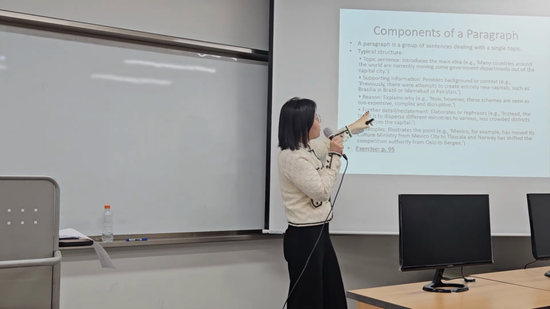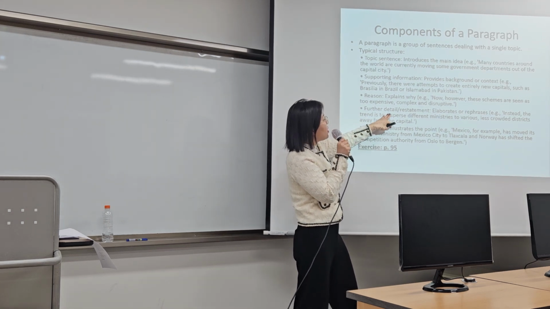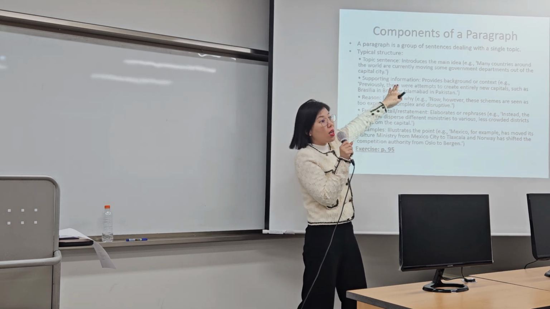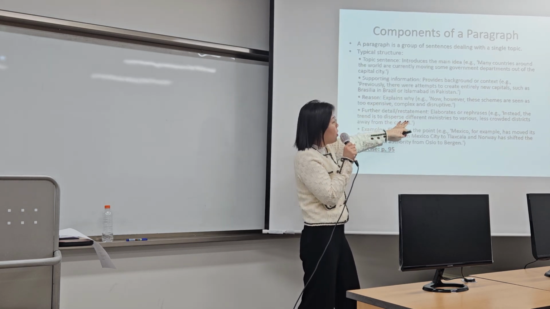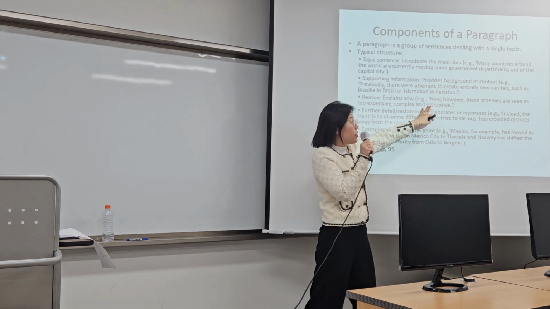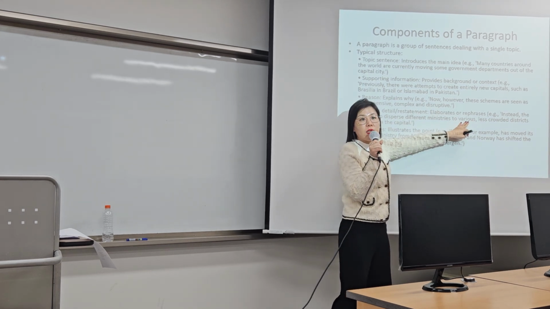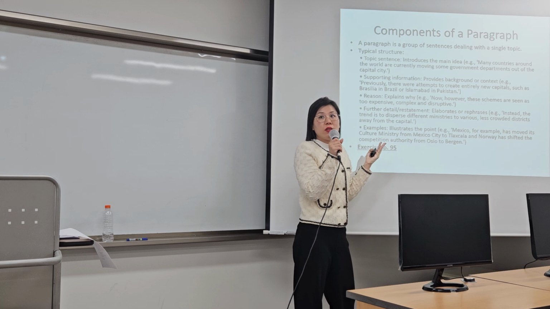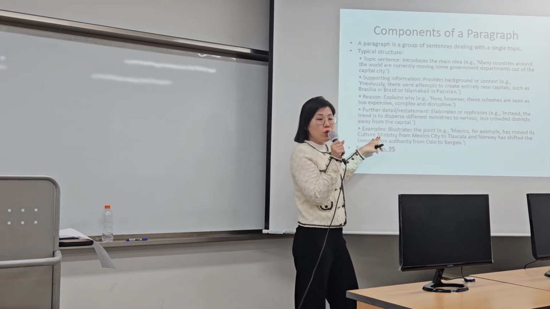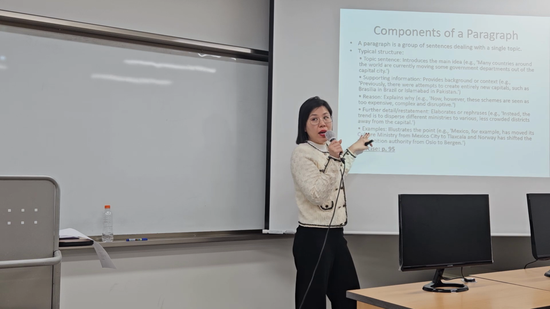And then afterwards, you can include further details, restatement of the reasons or the context that you elaborated before. So you can either elaborate on the points that you discussed previously, or you can rephrase them just to make the readers understand better about what you're writing. And then the last one usually is about the examples, and this is to illustrate your point.